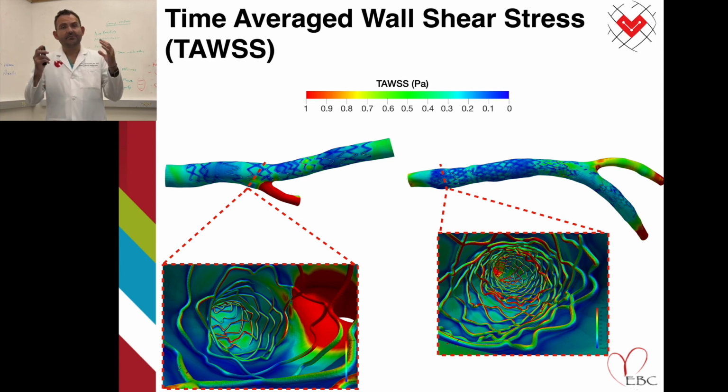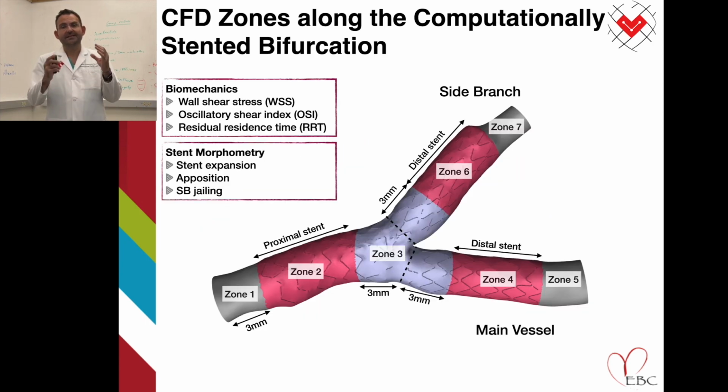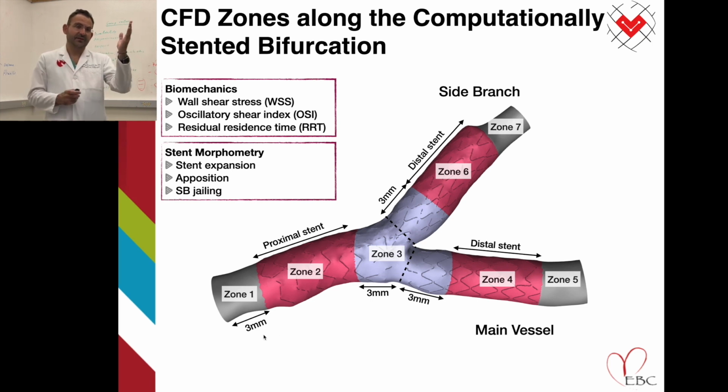Each bifurcation anatomy is then assigned different zones which cover all the area from the very proximal segment to the distal side branch and distal main vessel. And in each zone, for every bifurcation technique, we calculate biomechanical forces and factors and stent morphometry parameters.